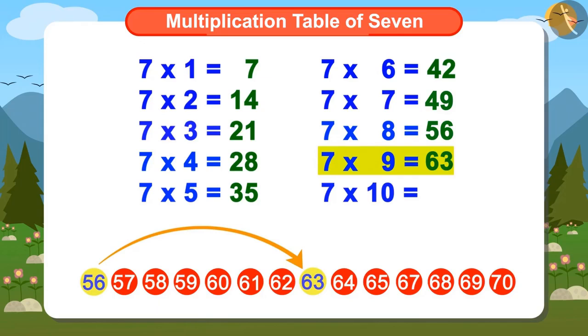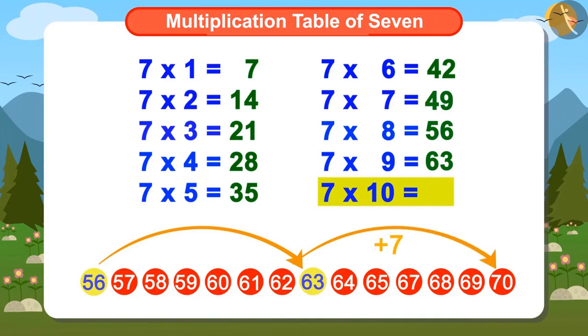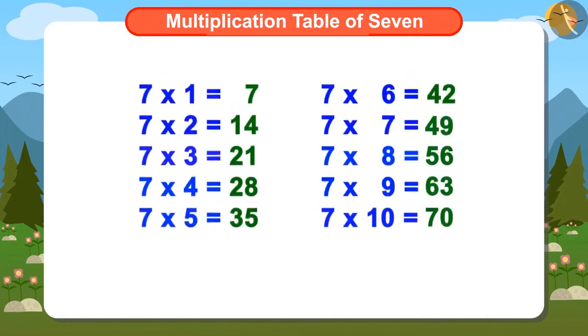And to know 7 multiplied by 10, we will find the 7th number after 63, which is 70. Now, you have written the complete table of 7.